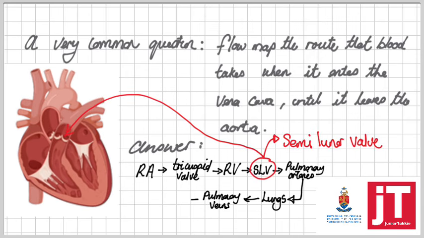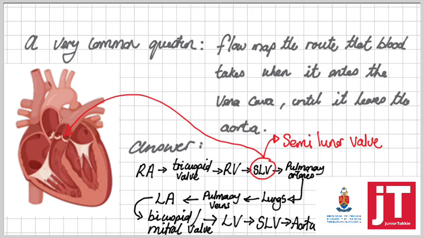From the lungs, we have the pulmonary veins carrying the blood into the left atria. The blood moves then through a bicuspid or a mitral valve to the left ventricle, through another semilunar valve, and the blood will then exit through the aorta to pump that blood into the systemic circulation. And that's how we're going to answer this question.